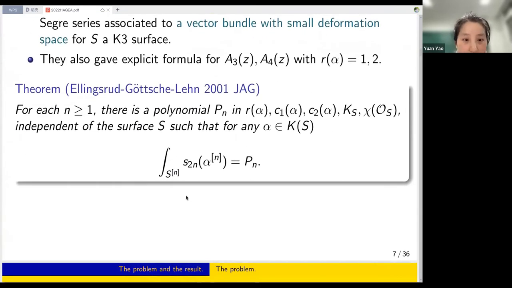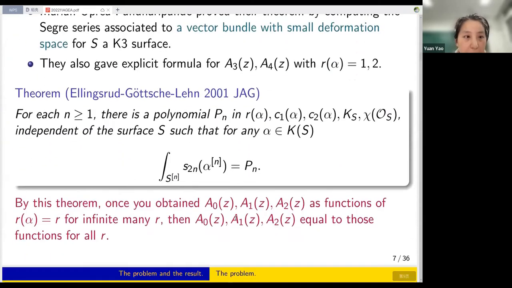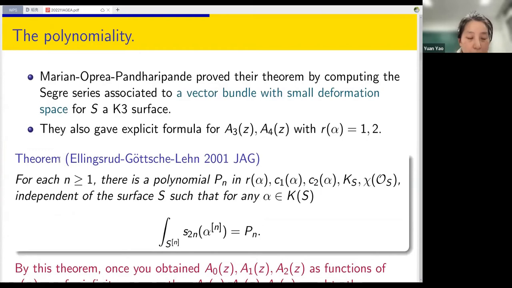So it is also this theorem, maybe we look at this one. Also the theorem by Ellingsrud, Göttsche, Lehn in the same paper. For each positive integer m, there is a polynomial in the rank, first Chern class, second Chern class, canonical line bundle, and also chi of O. This polynomial itself is independent of the surface.